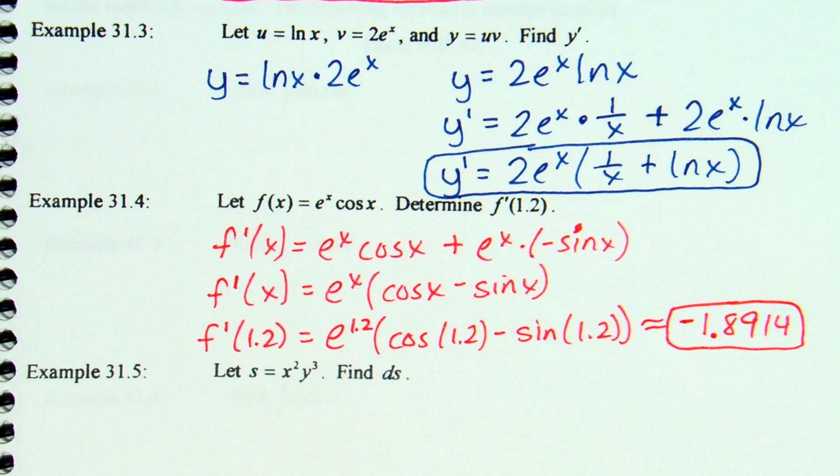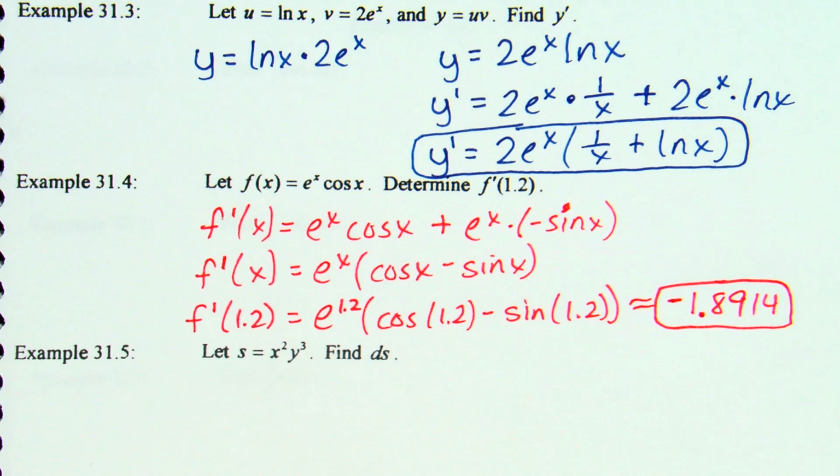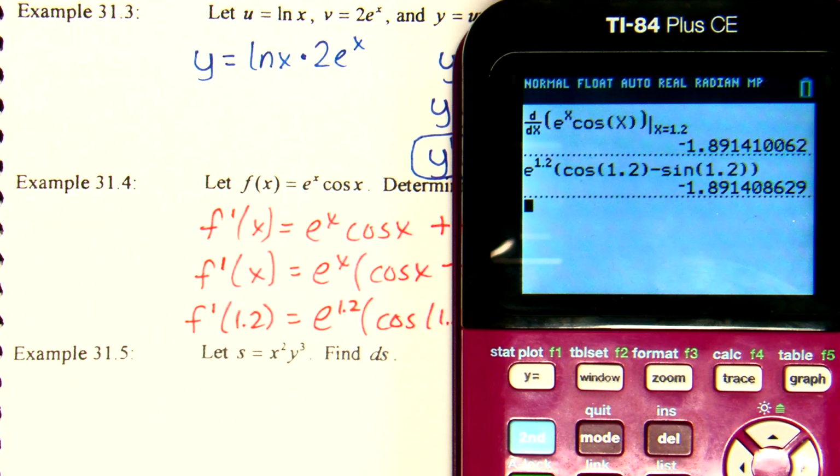Valid point. It did need to be in radians because there's nothing indicating degrees. It's non-labeled. I did it on my calculator in two different ways. Technically, do you remember me introducing that you can do derivative specific values on your calculator? Yeah.